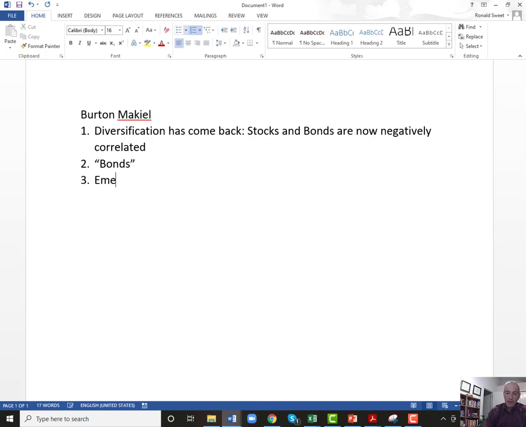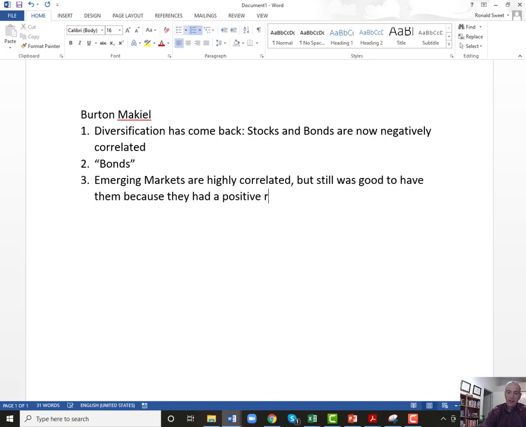Then he said emerging markets are highly correlated, but it was still good to have them because they had a positive return when everything else, well, let's say not everything, but all other stocks were negative.